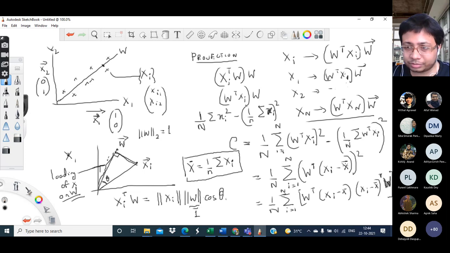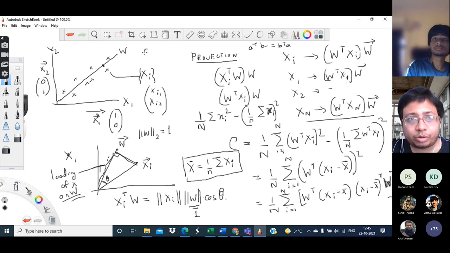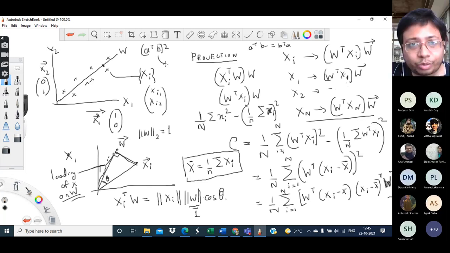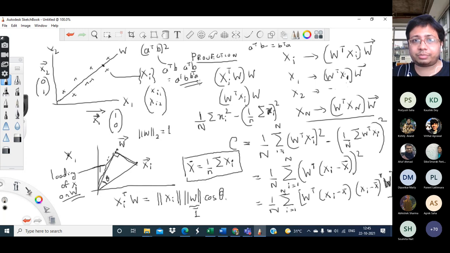It just follows from the fact that a dot b is equal to b dot a. I was trying to do a transpose b whole square, which means a transpose b times a transpose b, which in turn means a transpose b b transpose a. The same thing I have done here also.